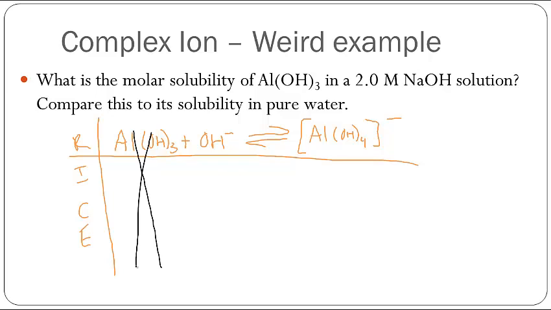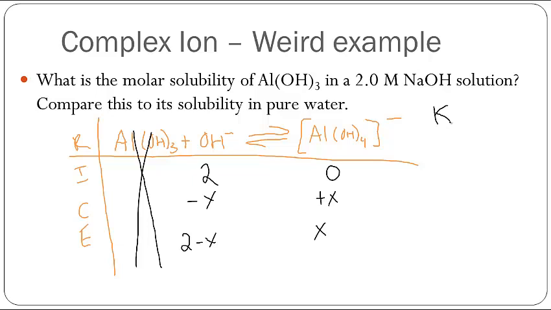So this is what you should have set up. Now, what's my initial concentration of OH minus? 2, and I have none of the complex ion. So I subtract x, add x, and at equilibrium, I have 2 minus x and x. Now, the trick here is your K value. The K value is the one from coupling those two reactions.